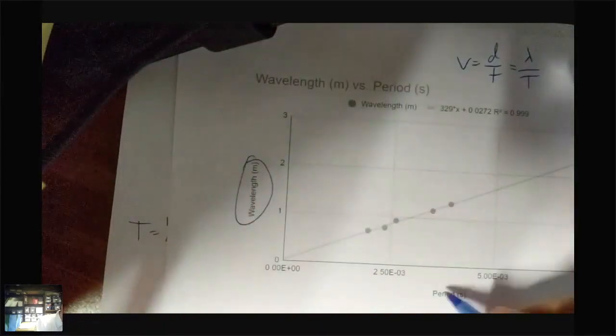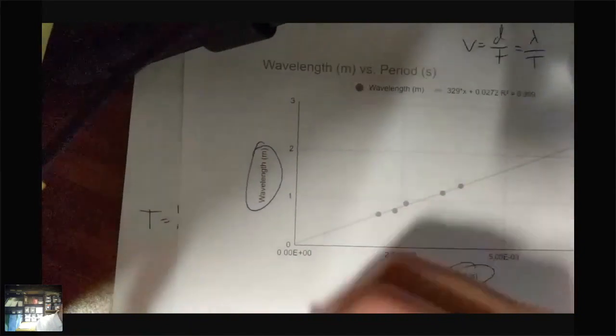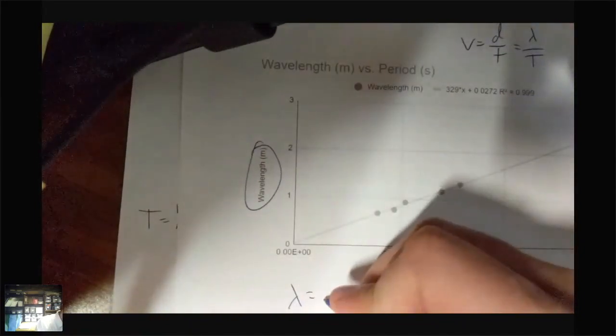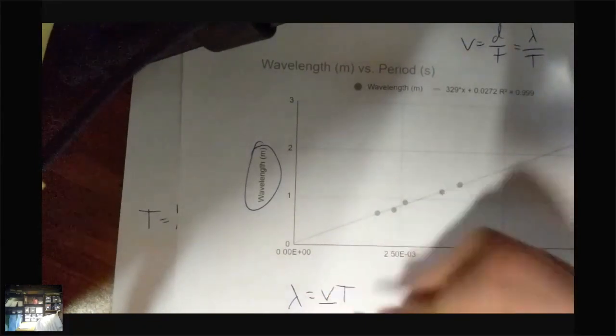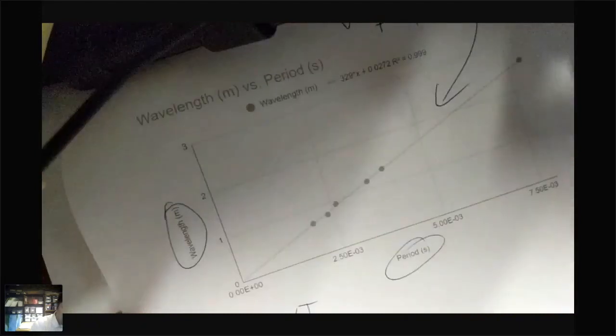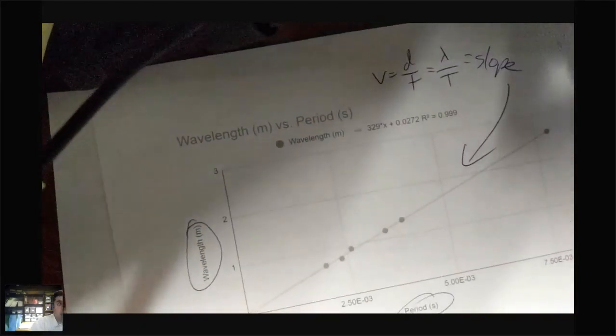And if we have this graph of wavelength on the y and period on the x, wavelength equals something times period, velocity goes in really nicely. In fact, wavelength over time is the slope of the graph. And that's why we had to make a best fit line. That's why we had to go through this process, because this is what's going to give us our velocity.